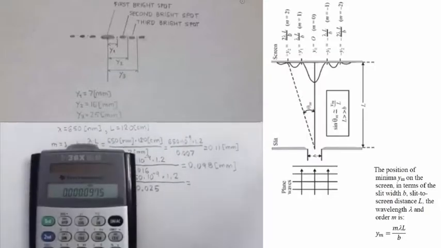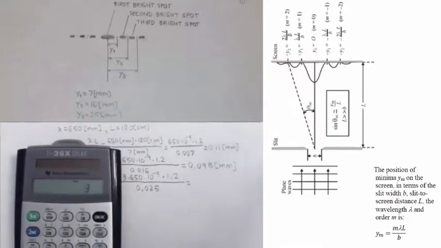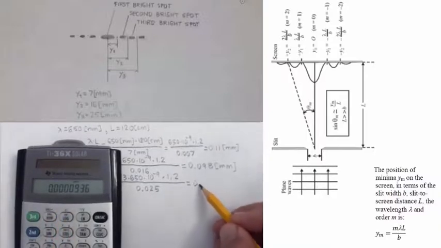Then we're going to again call our calculator into help here. 3 times 650 times 1.2 over 0.025, and then times 10 to the negative 9 is this value. So this is the value in meters. To convert into millimeters, we're going to move the decimal point 3 places. So this is going to turn out to be 0.094 millimeters.